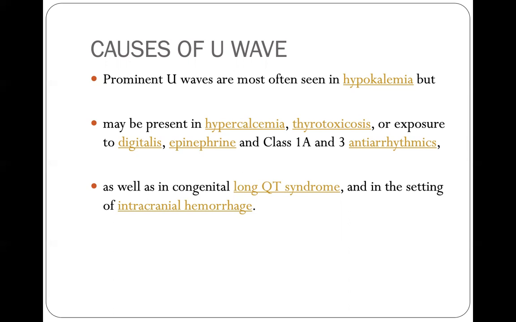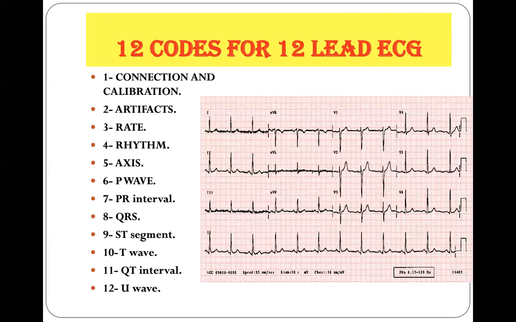Usually, a prominent U wave occurs in hypokalemia due to repeated vomiting or diarrhea, as in cancer patients, but also may occur in patients with hypercalcemia, thyrotoxicosis, with some antiarrhythmic drugs, with pro-arrhythmic medications, in long QT syndrome, and in situations of intracranial hemorrhage.